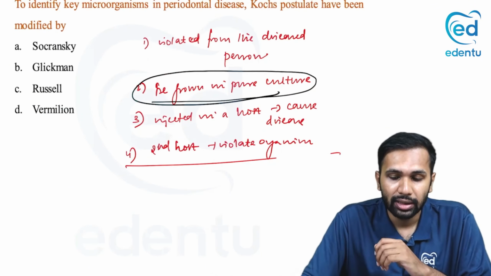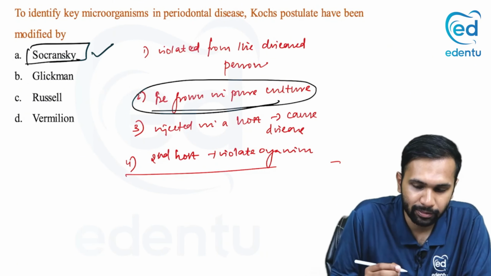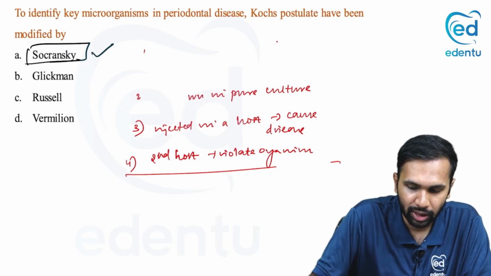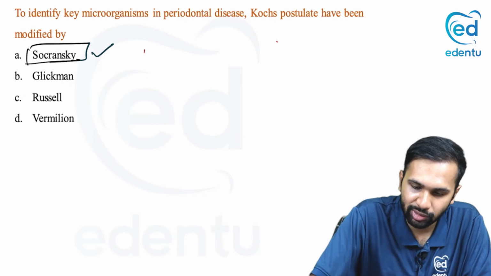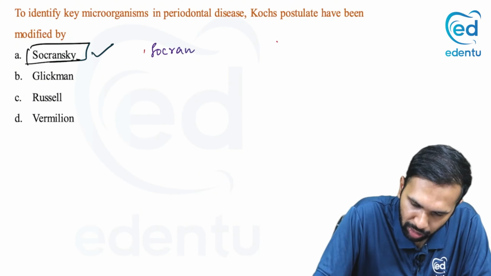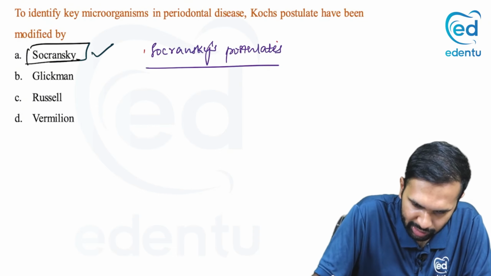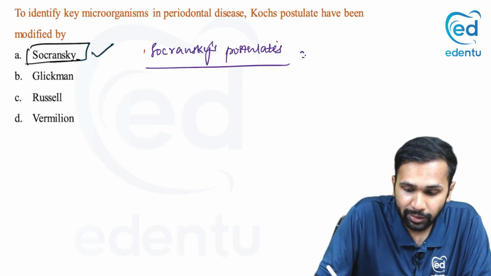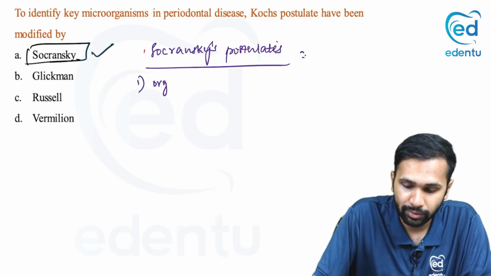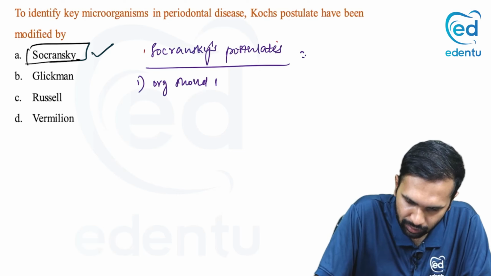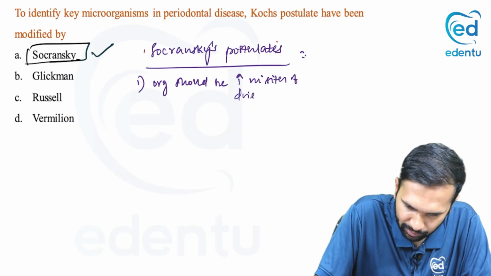That is why Koch's postulates has been modified by a person called Socransky. The answer to this question is Socransky. He modified Koch's postulates and gave his own postulates, which were called Socransky's postulates. And as per Socransky, the organisms that are suspected to be the etiology should be increased in number in sites of disease.